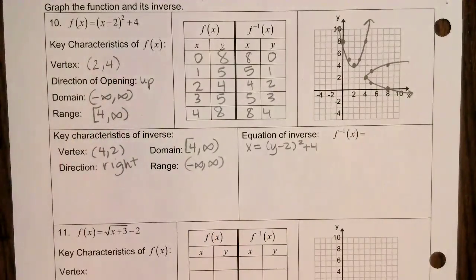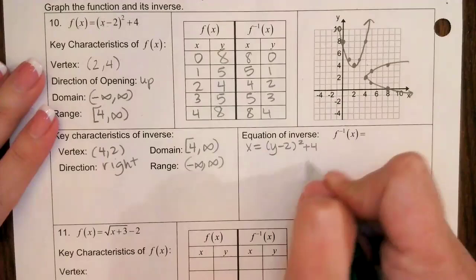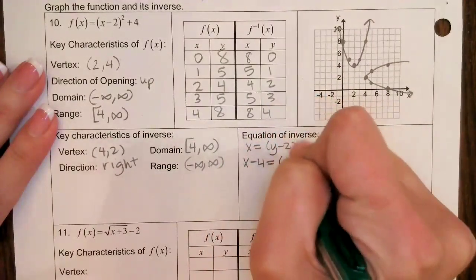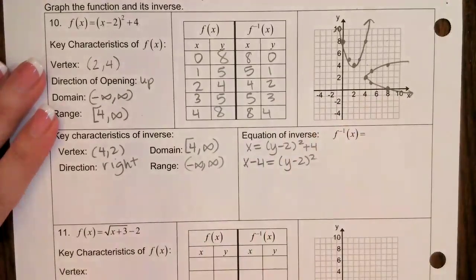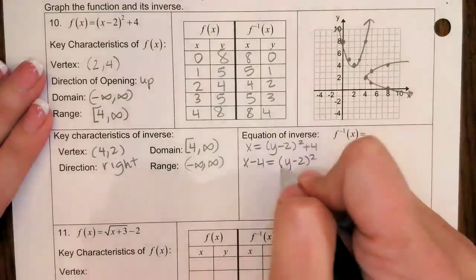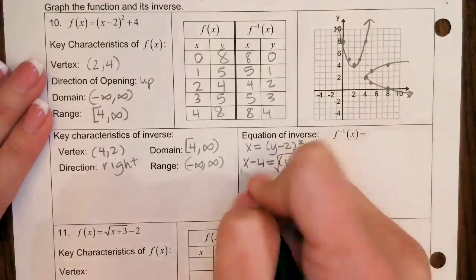Now in math, y is our dependent variable. So we don't want to leave it inside of the equation. So we want to solve for y here so that it is on its own. So I start by subtracting this 4 to get it to the other side. So I get x minus 4 equals y minus 2 squared. And then we need to get rid of this square. To get rid of a square, we take the square root.